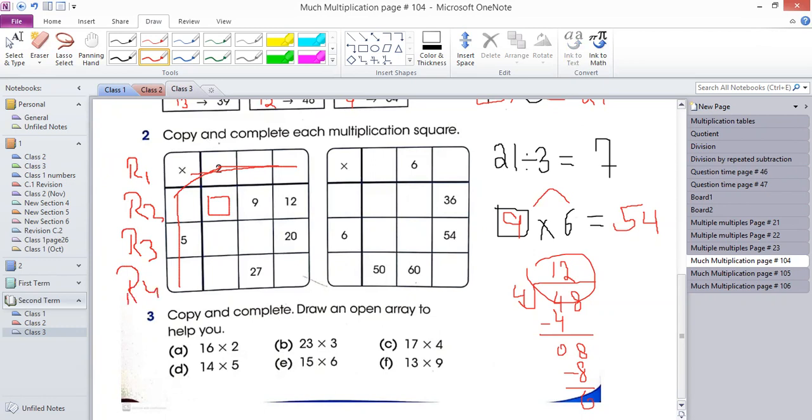And these are the columns. This is column 1. There are 3 rows, R1, R2, and R3, and columns C1, C2, and C3. If you multiply this R1 number with the C1 number, you will write the answer which is in this row and this column.